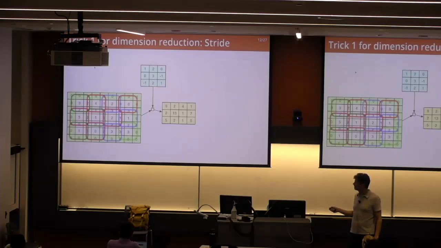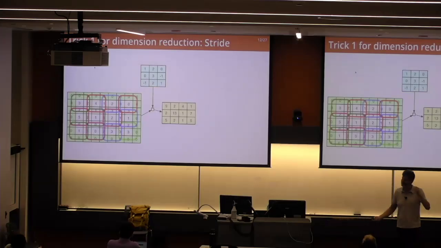So every time I do this 3 by 3 matrix, instead of just stepping 1, I'm going to step 2 forward and then work from there. And then I get a matrix that's half the size. Yeah? So that's a good way to get the size down a little bit. So the stride of the convolutional neural network is how much you move the kernel. And it works pretty nicely. Stride.